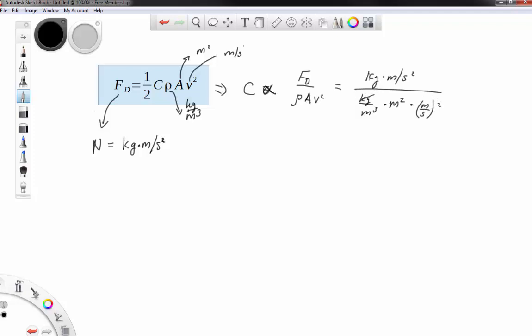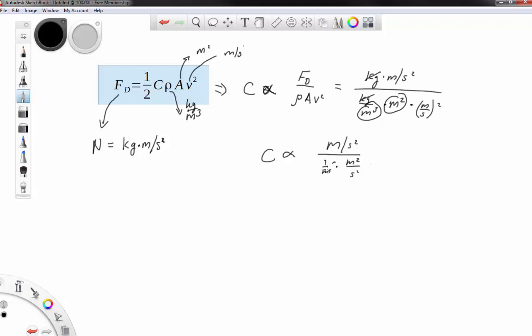So we can see that the kilograms cancel here. There's a meters cubed right here and a meters squared right here. And this is an over, so this so far can reduce to meters per second squared divided by 1 over meter times meters squared per second squared.